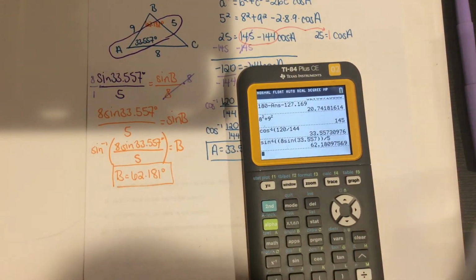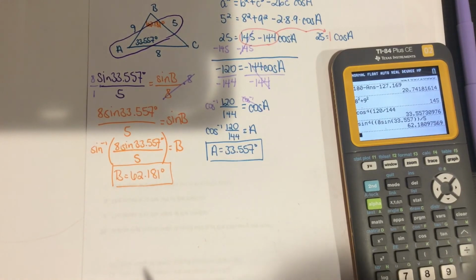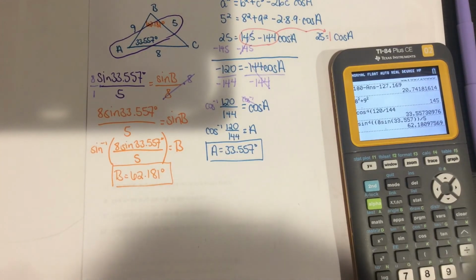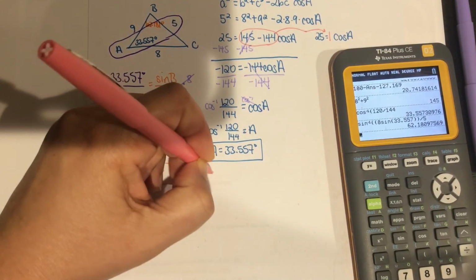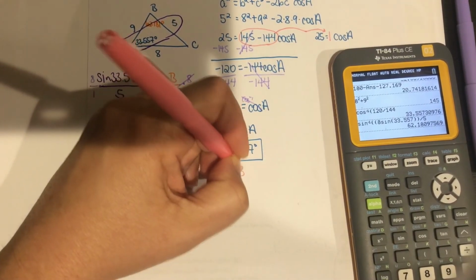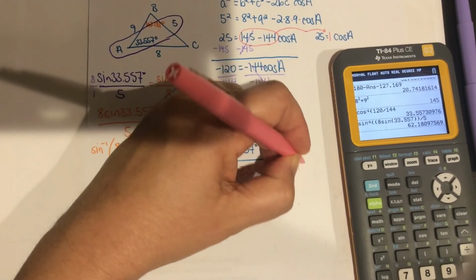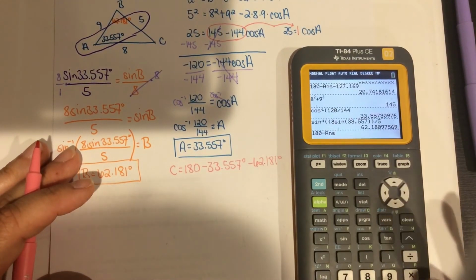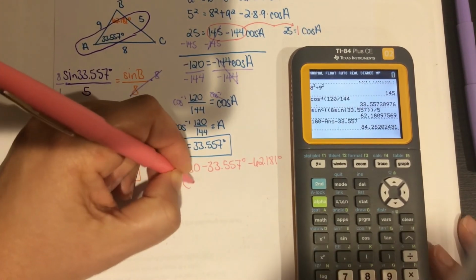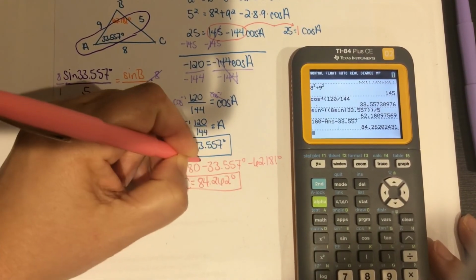And then from there, I can find the measure of angle C simply by subtracting. The sum of the 3 angles in a triangle is 180. So if I go 180 minus the other 2 angles, I get 84.262 degrees.